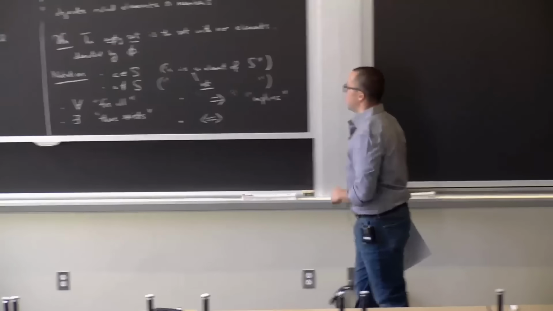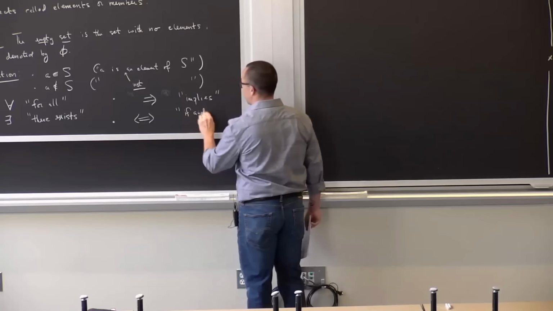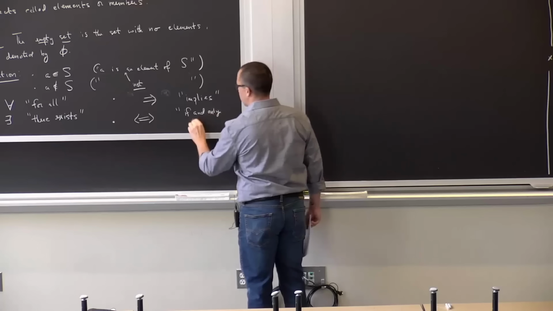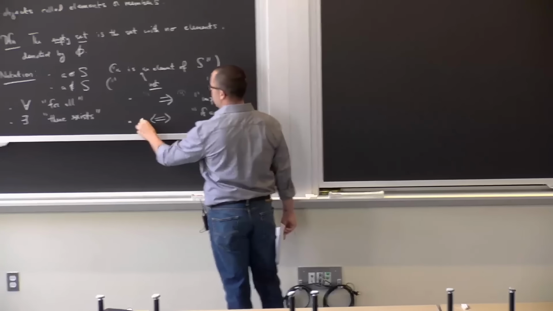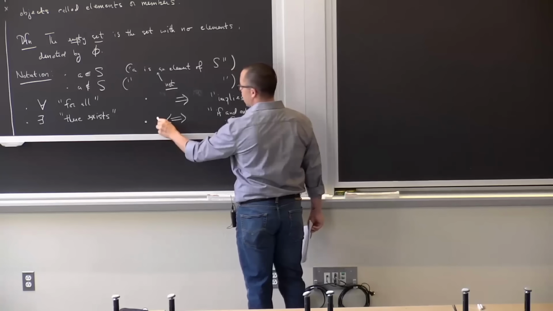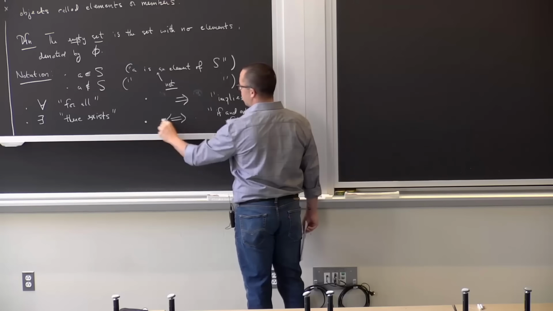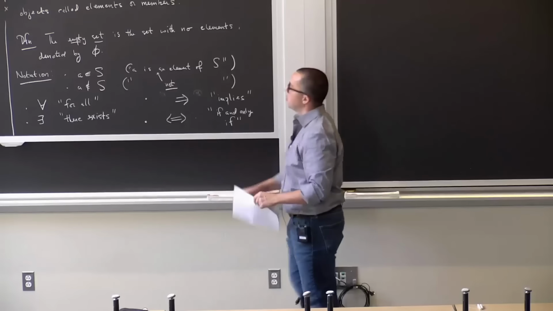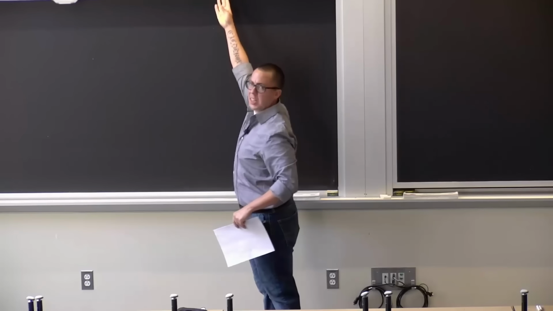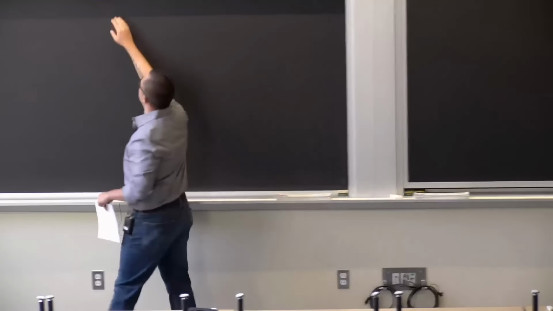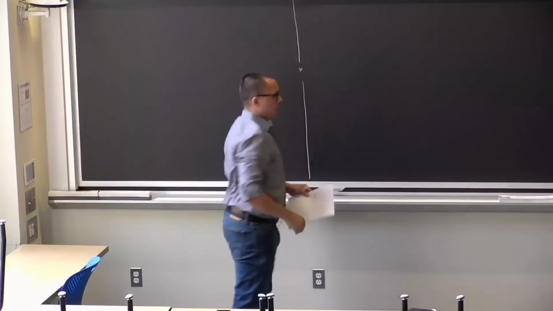And an arrow going both ways means if and only if, meaning if I have a statement P if and only if Q, that means statement P implies Q and statement Q implies P. All right? And if you need a quick refresher on basic logic, you can find that in the appendix of the textbook.